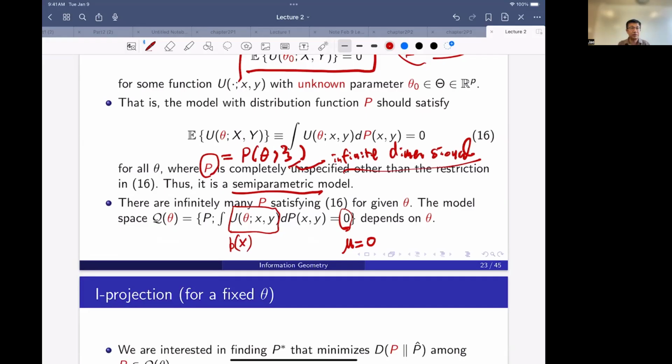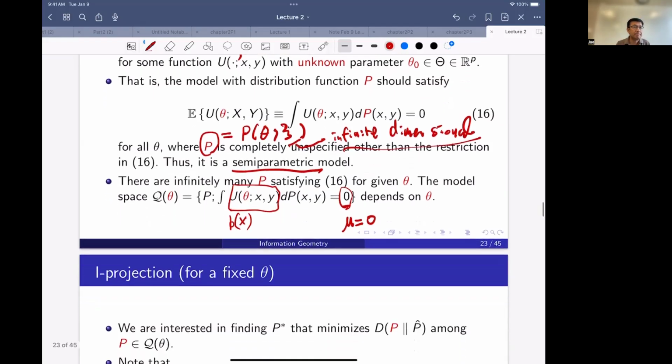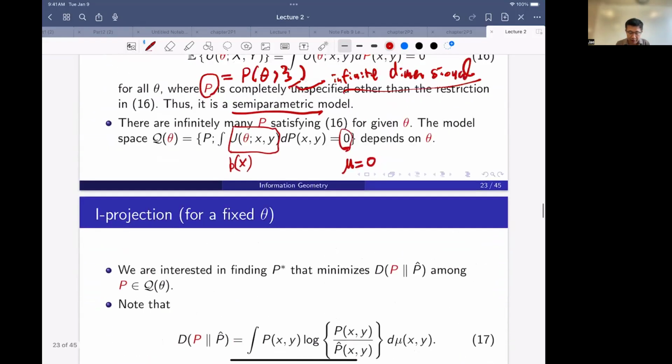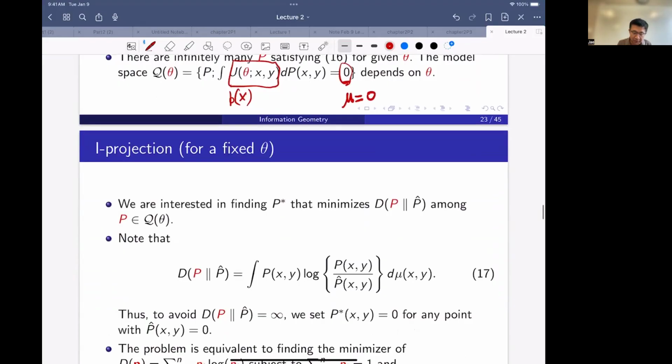This bx has a 0 expectation, but this bx contains the unknown parameter zeta. Okay. So let's first worry about how to do it for a fixed zeta. If you fix zeta, then it's an easy problem, because that's exactly the same problem that we discussed in the previous example.